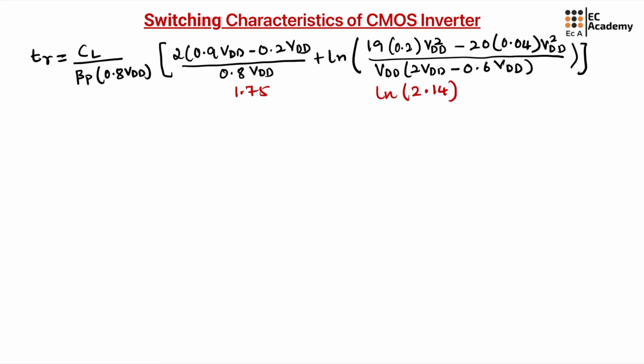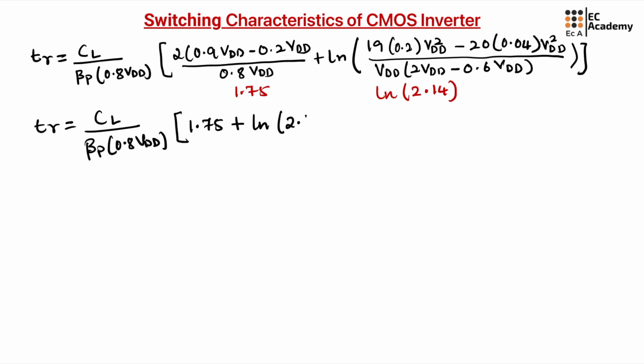So we can write the above equation as rise time is equal to CL divided by beta P into 0.8 VDD multiplied with (1.75 plus ln of 2.14).